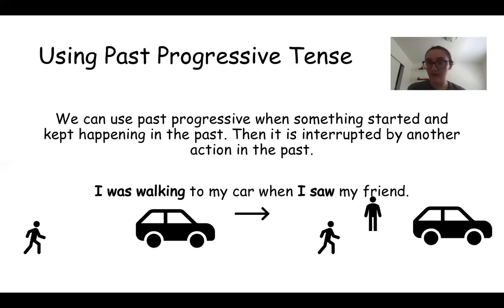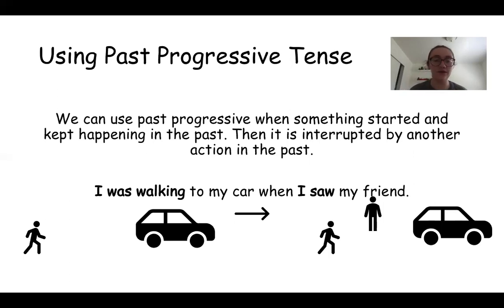But mainly, we use the past progressive when something started and kept happening in the past, and then it's interrupted by another thing in the past. So that's one of the reasons why we use it.